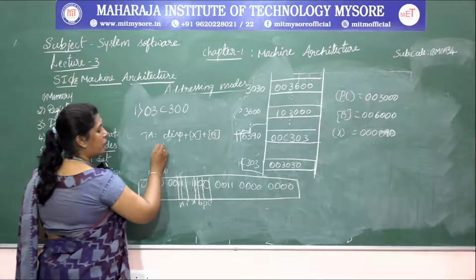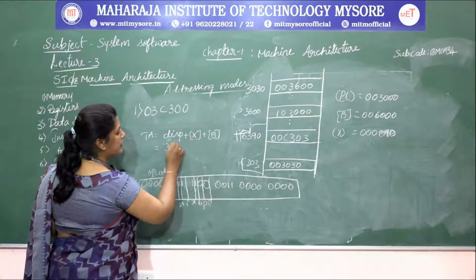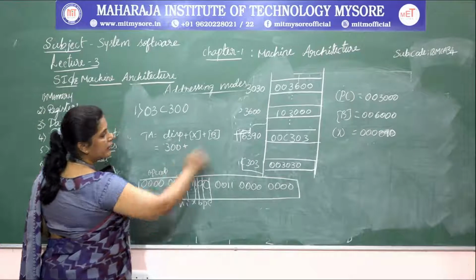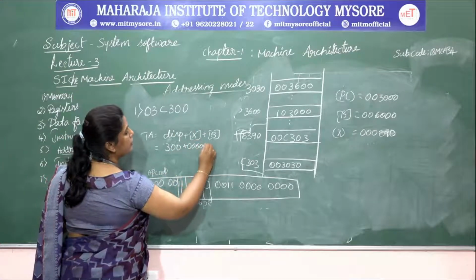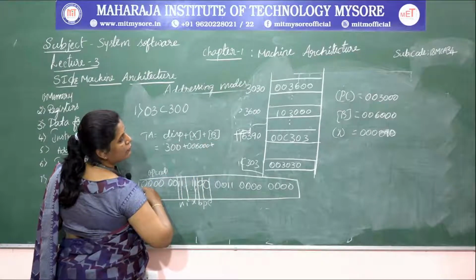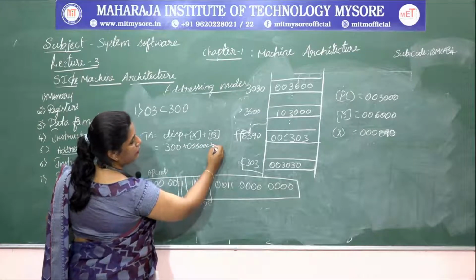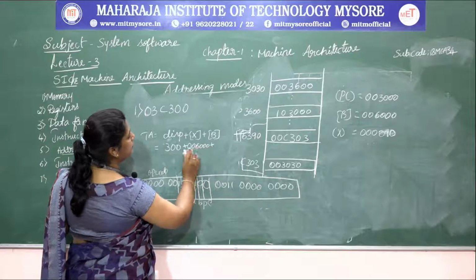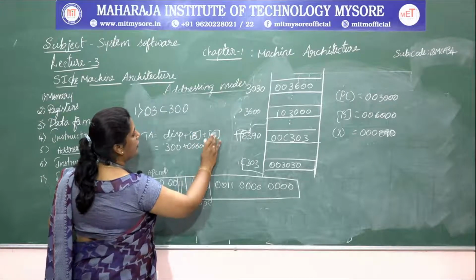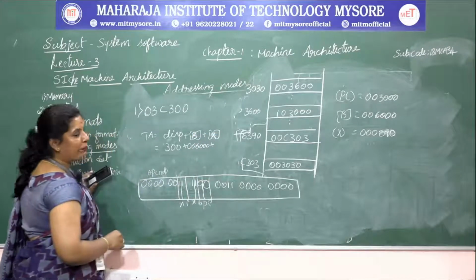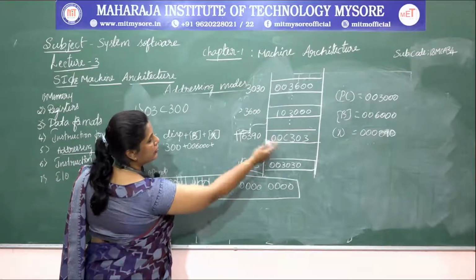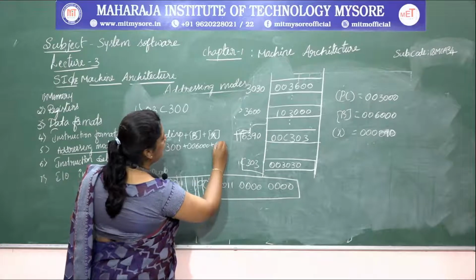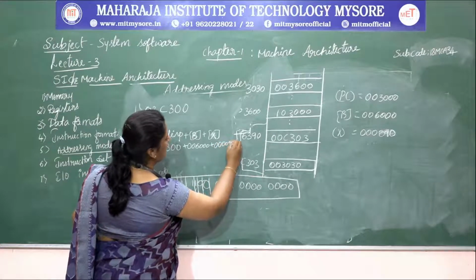What is the displacement value? It is 300. What is the base register value? 006000. And what is the index register value here? 000090.